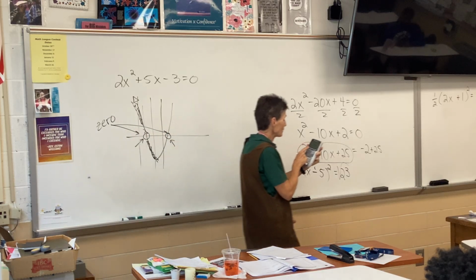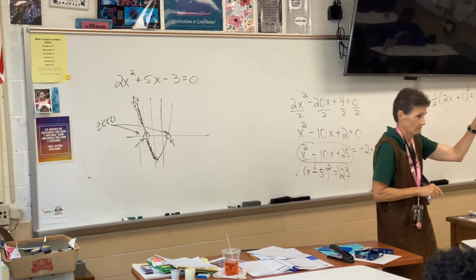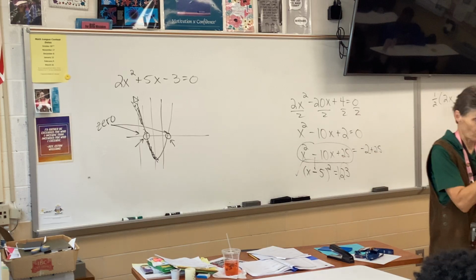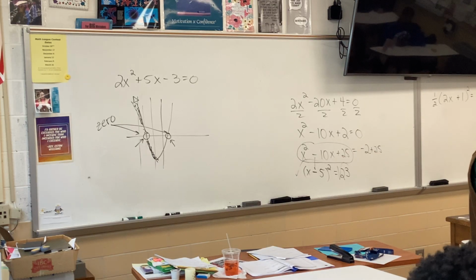So, let's go back to y equals, just press y equals, is your equation still there? Yeah, perfect, alright? Now, just hit graph, and we should get our parabola back. Did you get your parabola back? Yes.